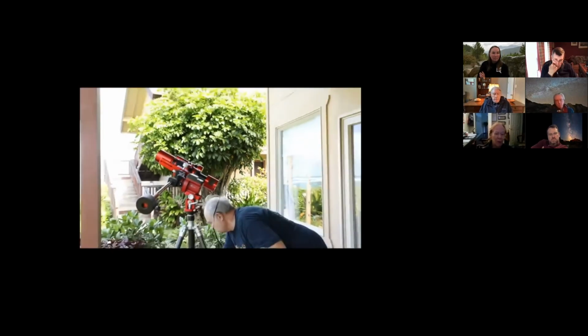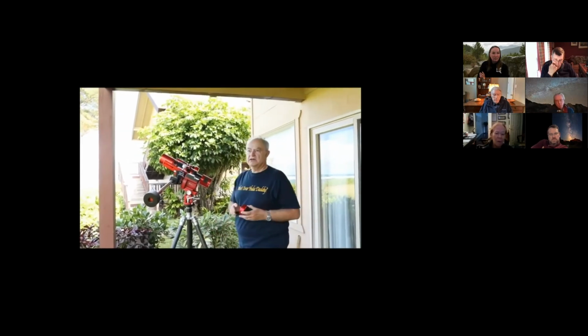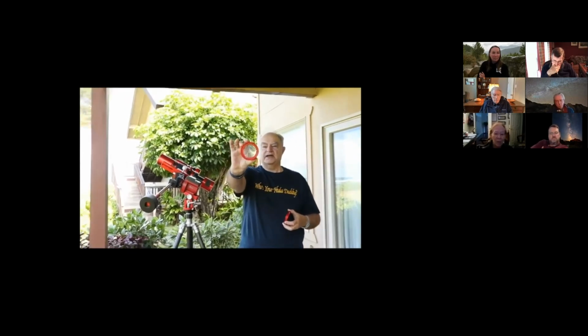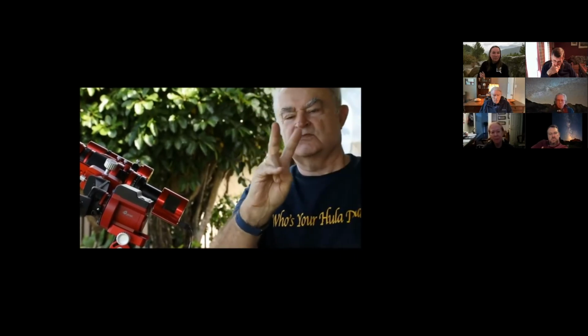The first thing you have to do is get your focus correctly. And William Optics is really nice because they give you something called a Bahtinov mask. It's just a device that creates rays, and you've got 3 little rays. What you want to do is get the rays to balance.